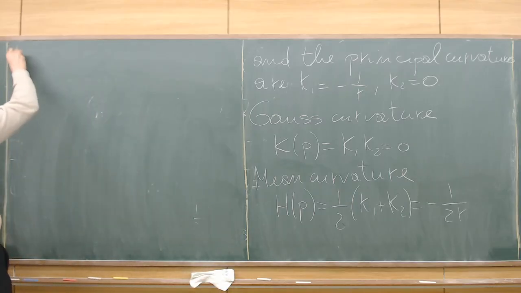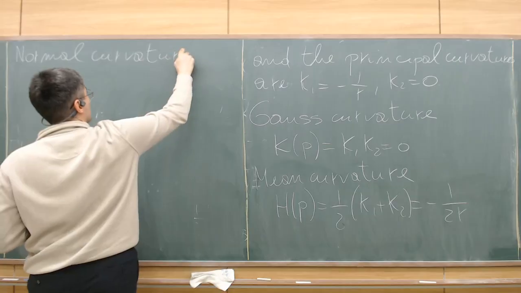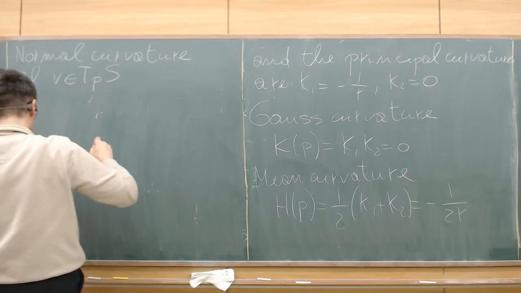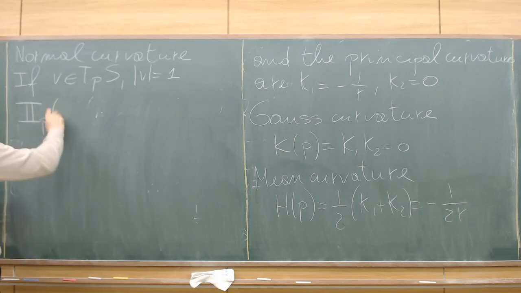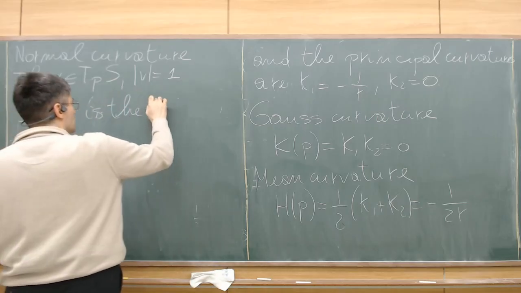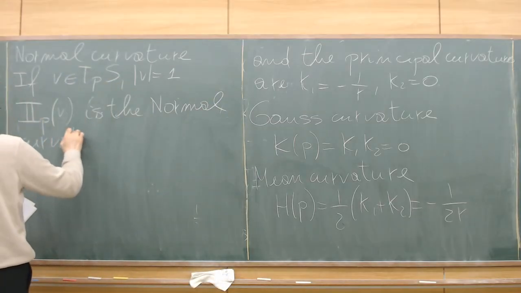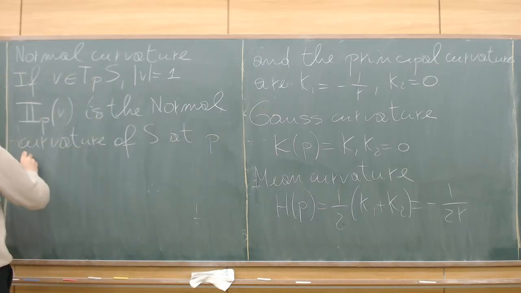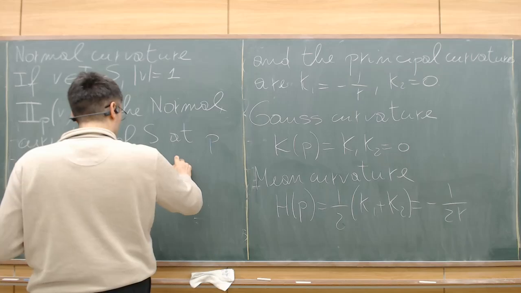If v is a vector in T_P S of length 1, then the second fundamental form of S at P evaluated at v is the normal curvature of S at P in the direction of v.